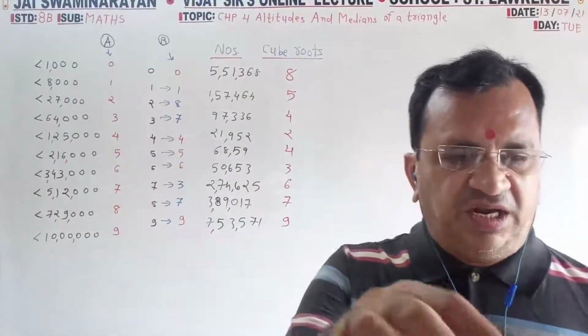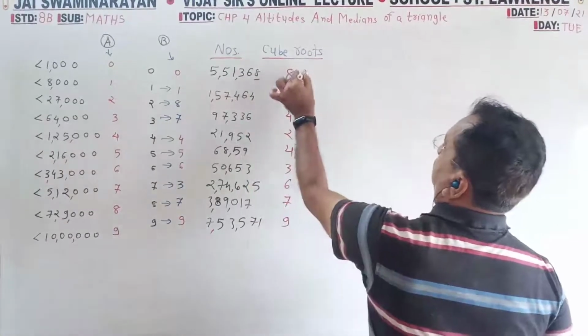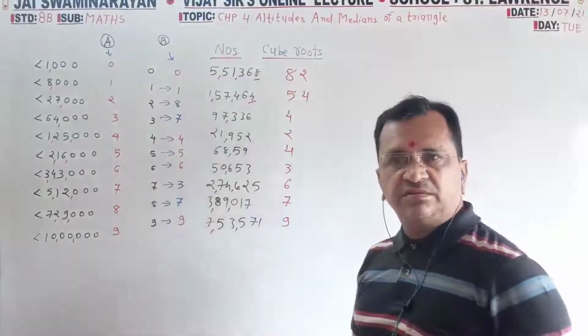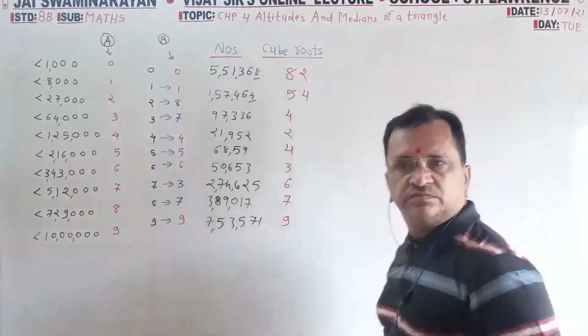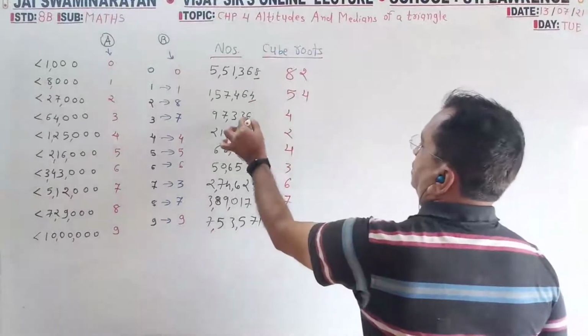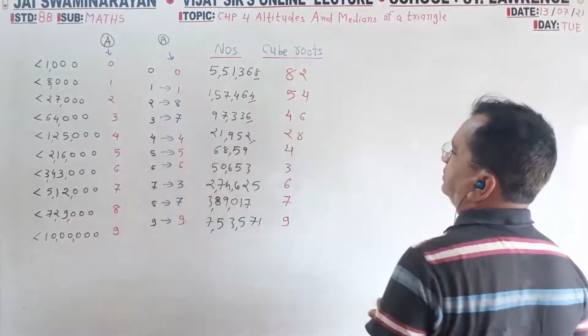Now we will see the last number. Last number is 8. For 8 you have to write 2. Last number is 4. For 4 you have to write the same number. For 6 same number. For 2 you will write 8.